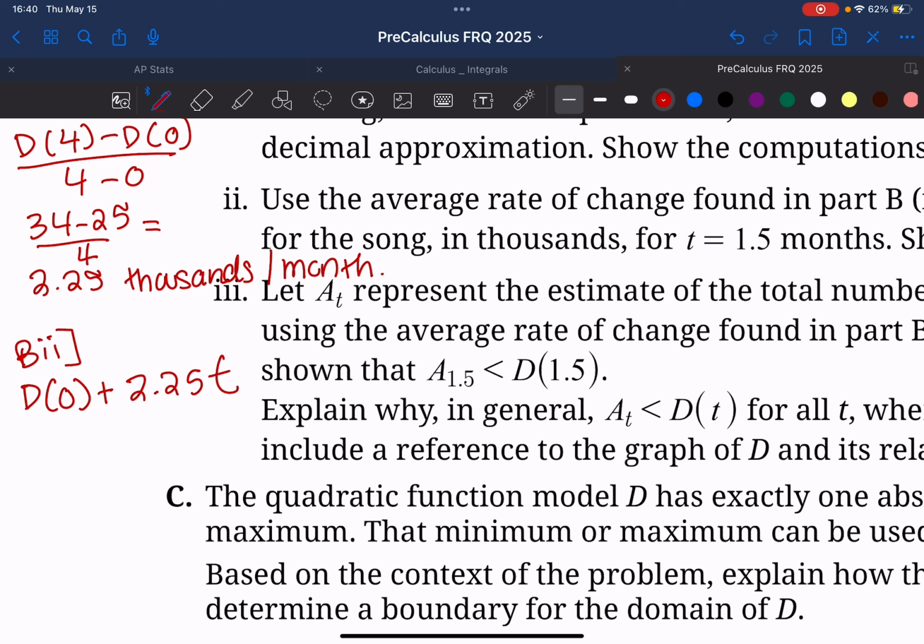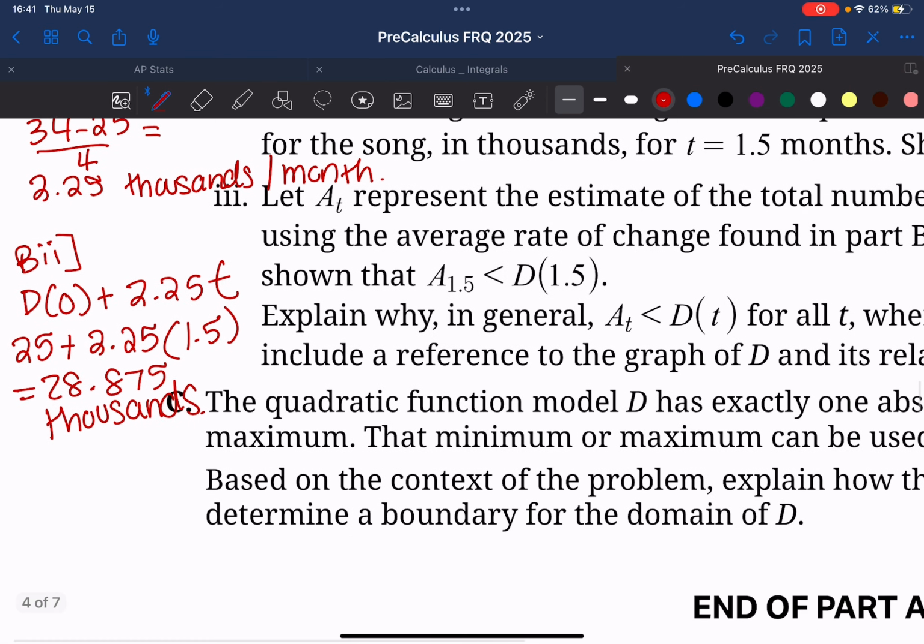So D of 0, looking at my table, is 25. So 25 plus 2.25 times t equal to 1.5. I get 28.875 thousand.